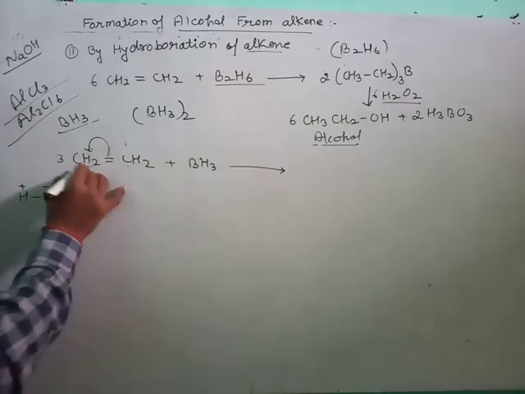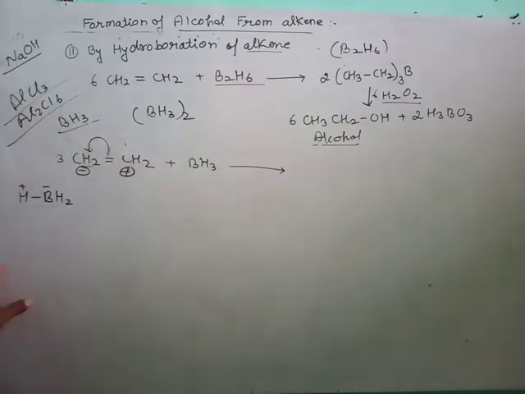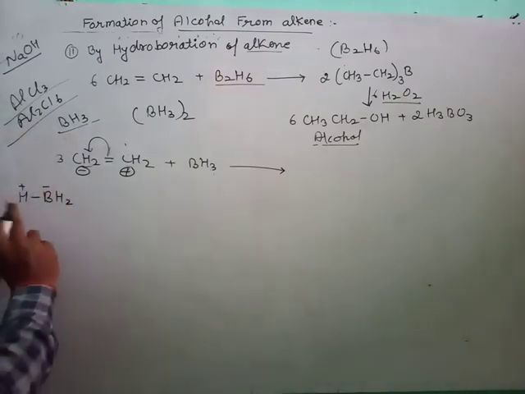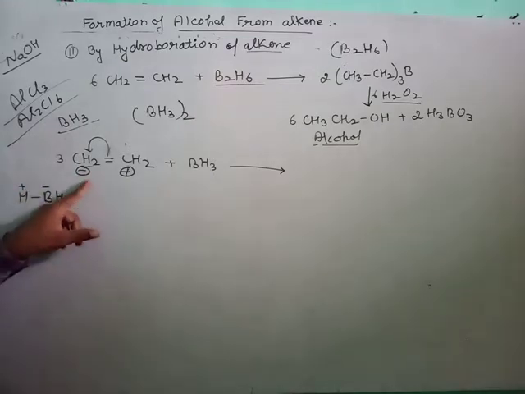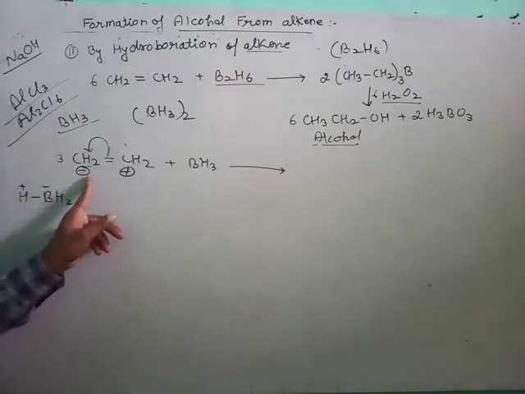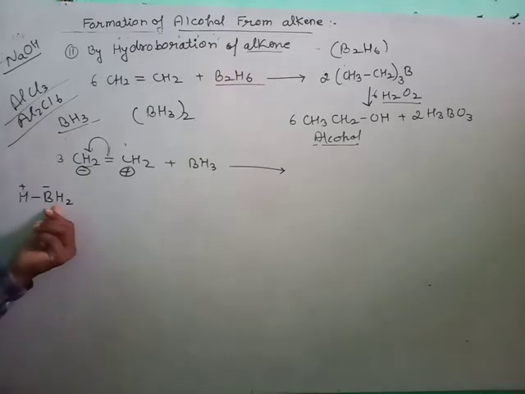This carbon becomes negative and this carbon becomes positive; both are similar. So when the BH3 molecule is broken, it forms H plus ion and BH2 minus ion. H plus is added to the negative CH2 and BH2 minus is added to the CH2.